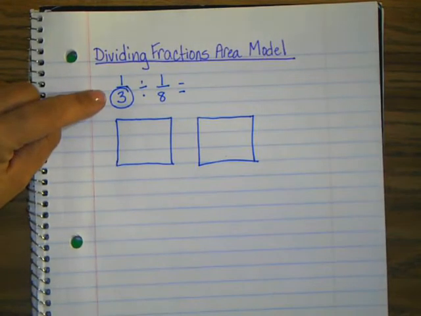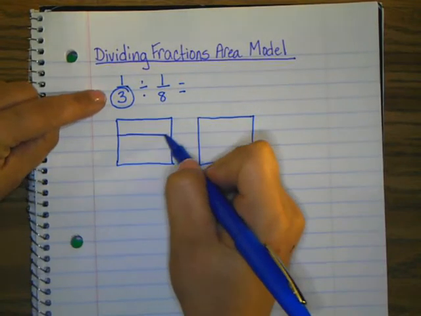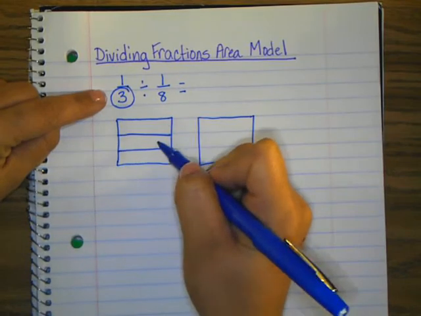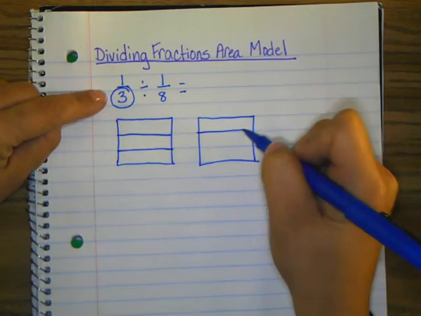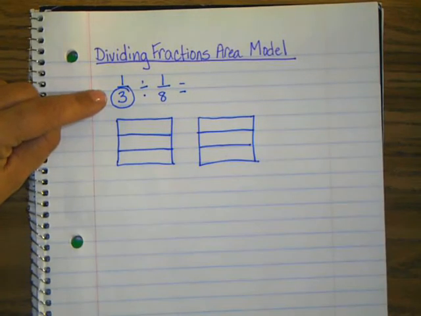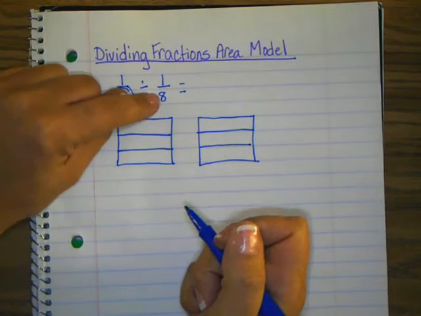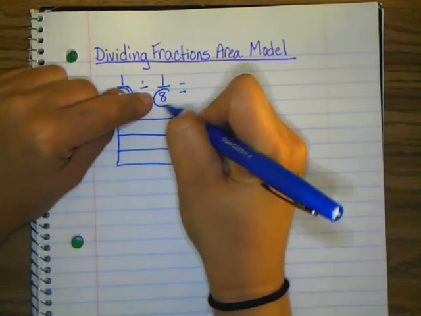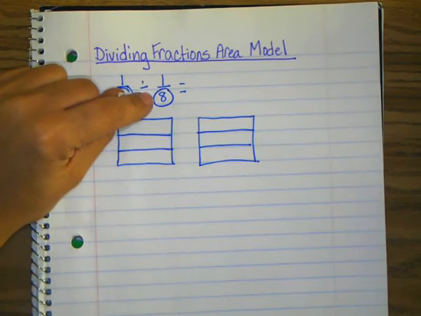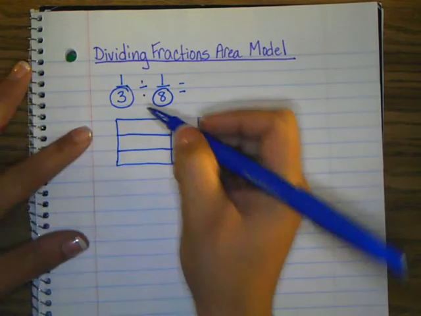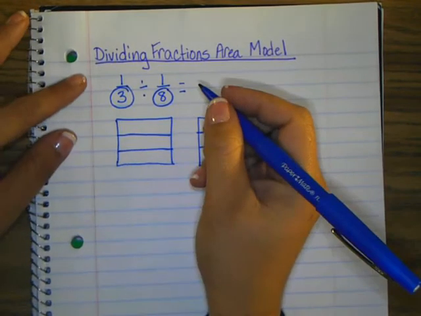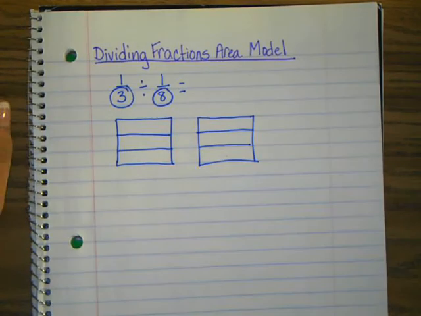Okay, so the first thing I'm going to do is look at the 3, and I'm going to split both boxes horizontally into thirds. So this box has 3 equal parts, and then this box has 3 equal parts. So that was horizontal. Then I'm going to split it into 8, going the opposite direction.